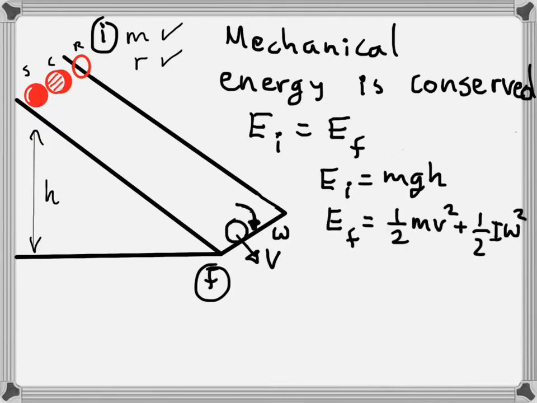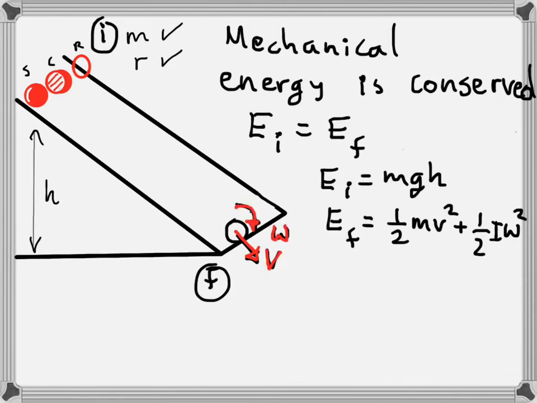At the bottom, when the objects reach the bottom, they are going to have kinetic energy, but in two forms. One form is the kinetic energy associated with the center of mass of the object moving, that is translational kinetic energy, and the other form is rotational kinetic energy.